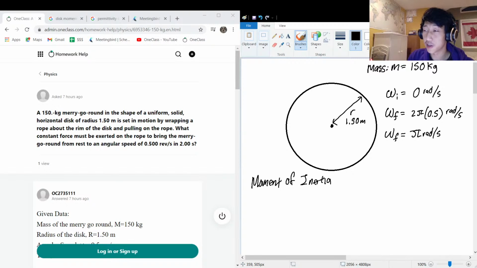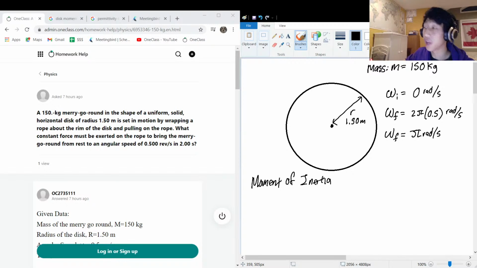Moment of inertia is pretty much how difficult it is to spin something. Let's think about some examples. Something that is very large and heavy is going to have a much higher moment of inertia because it's going to take some effort to get it moving and start spinning.